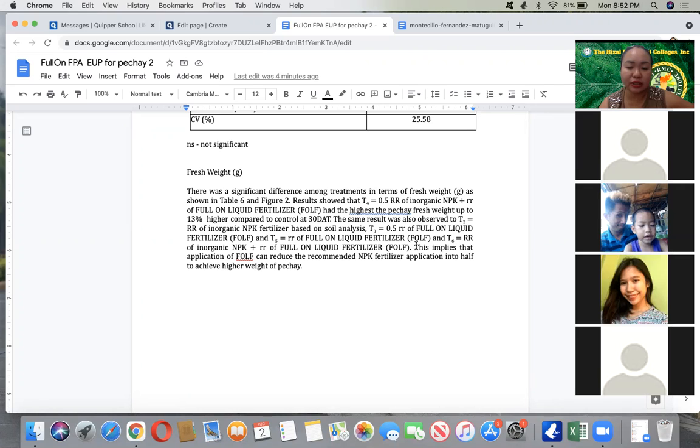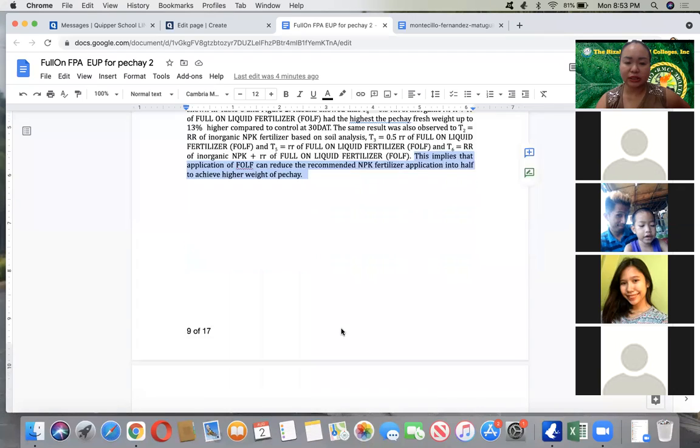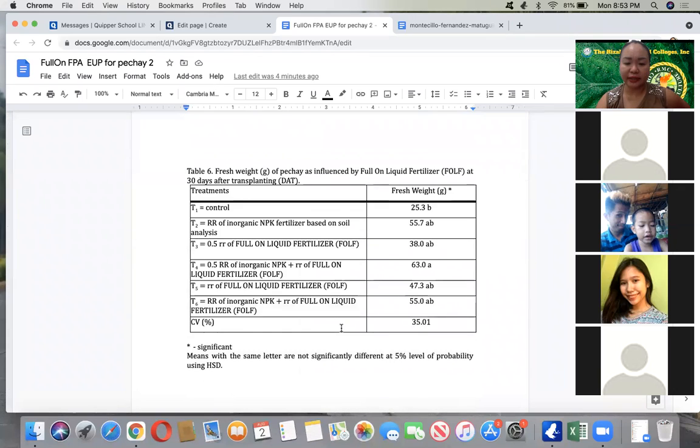And ito na yung discussion mo. This implies that application of FOLF can reduce the recommended rate ng NPK since T4 is half na lang ng recommended rate ng inorganic na NPK with the combination ng full recommendation ng FOLF. So it's higher yung weight ng pechay.